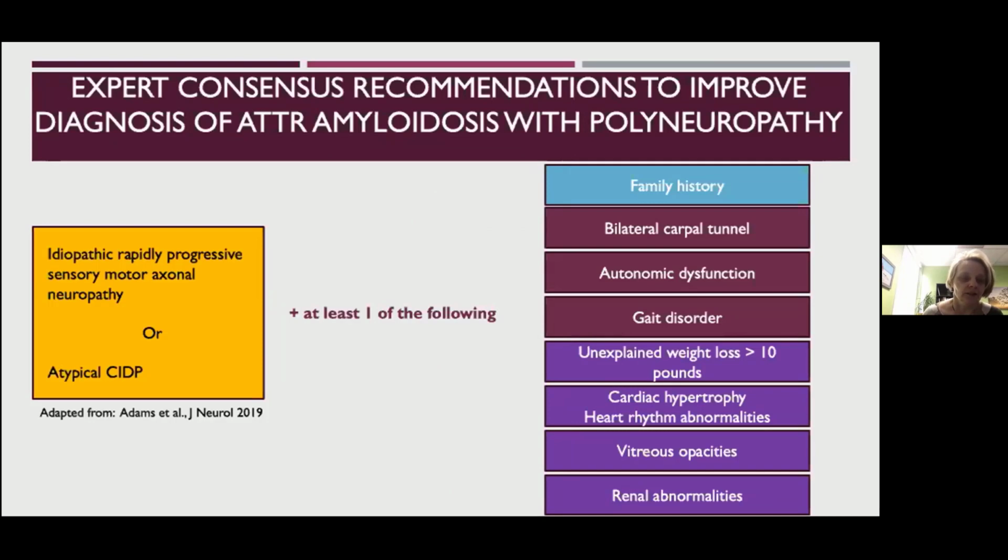The consensus is that if somebody presents with an idiopathic, rapidly progressive sensory motor axonal neuropathy or atypical CIDP, and atypical means it doesn't respond well to normal treatment, and at least one of the following: positive family history, bilateral carpal tunnel, autonomic dysfunction, gait disorder, unexplained weight loss of more than 10 pounds, cardiac hypertrophy, heart rhythm abnormalities, vitreous opacities, and renal abnormalities, then one should think of ATTR amyloidosis with neuropathy.